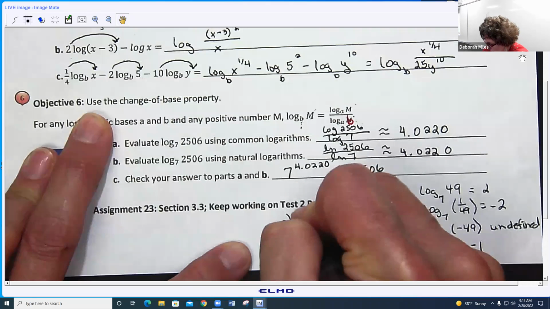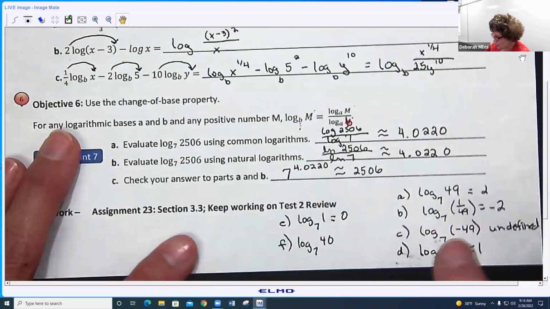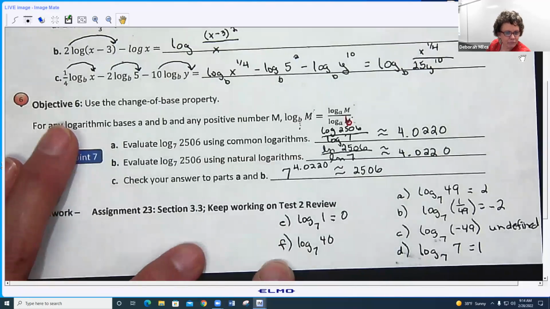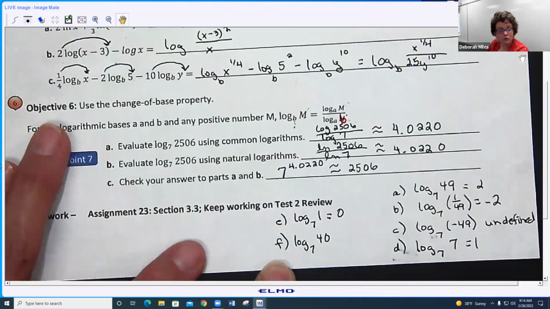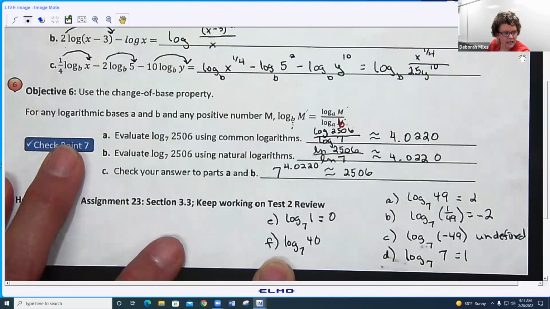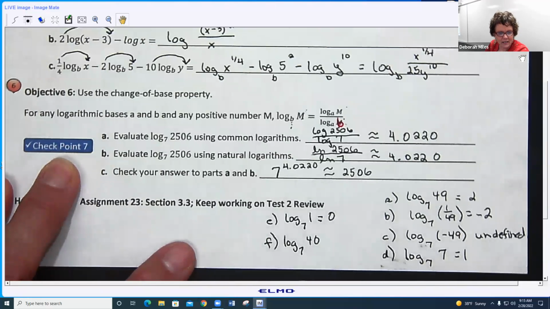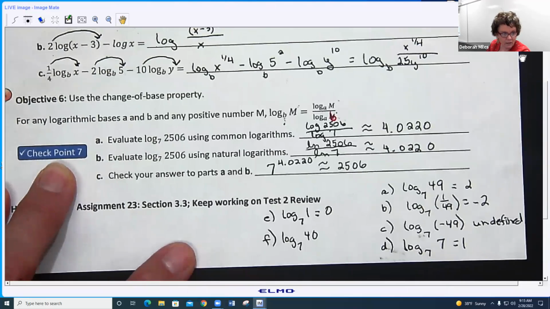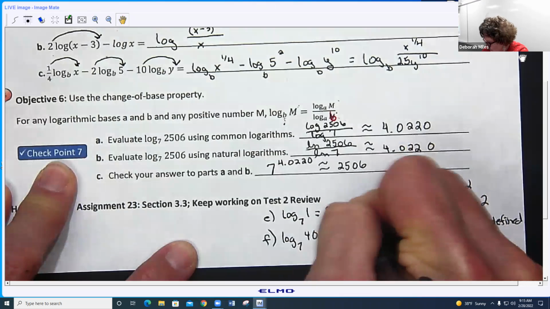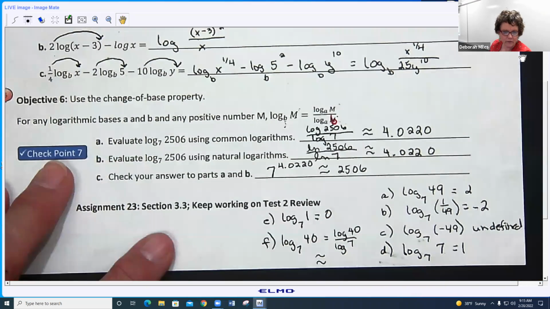If I say log base 7 of 40, after all the A, B, C, D, and E problems, somebody always leaves F blank because they're still trying to squint and figure out the exponent of 7 that gives you 40. I can't think of an exponent of 7 that gives you 40. That's when you have to think change of base formula. That's log of 40 over log of 7, and then punch that on the calculator.